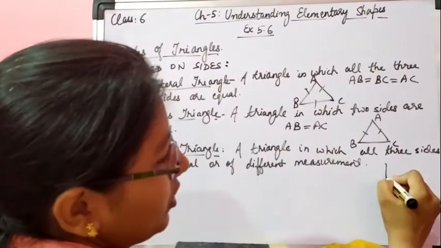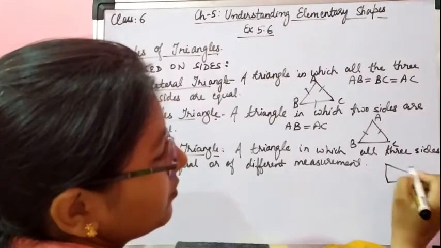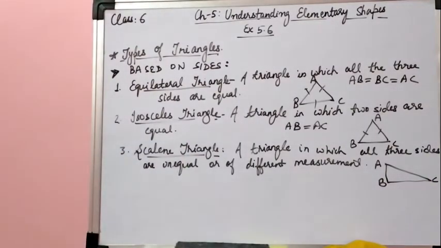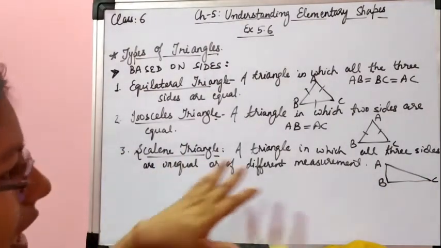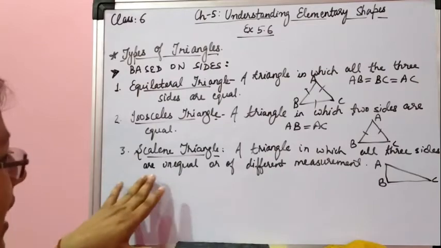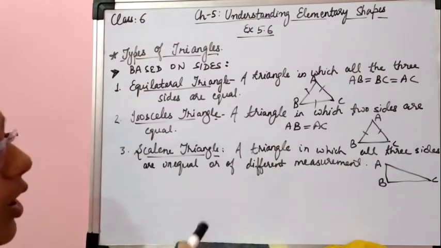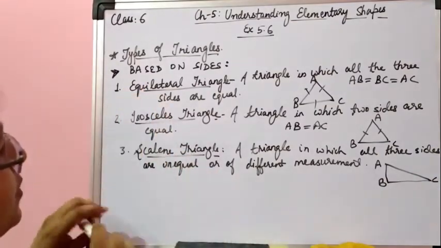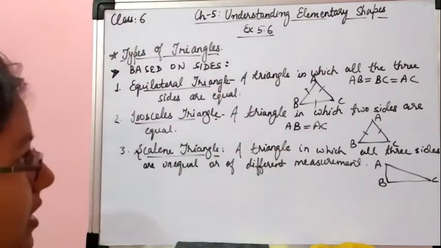You can draw any triangle. Nothing is equal in this. This is a scalene triangle in which no sides are equal. All the three sides are unequal or of different measurement. Now these are the three types of triangle based on sides.